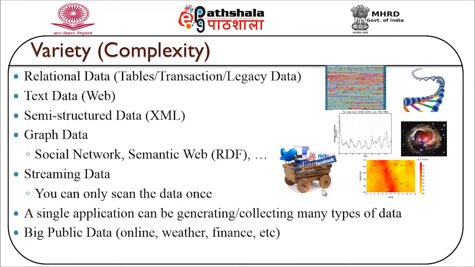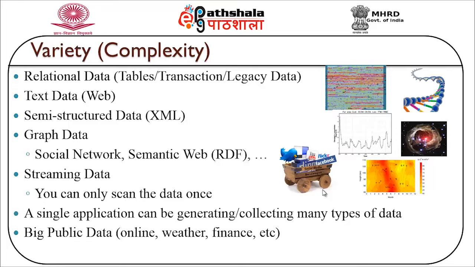If you look at the variety or complexity of data, it is relational data. It may be data that we receive from relational datasets like tables, transaction data or legacy data, or it can be text data that we get from the web, or semi-structured data in the form of an XML file. It can be graphical data which we acquire from social networks and the semantic web.